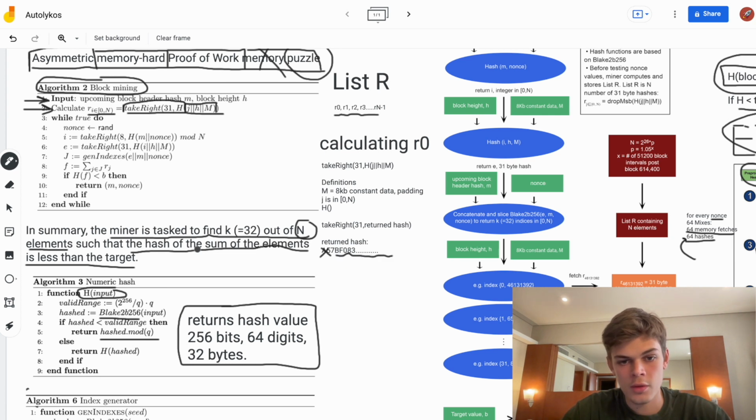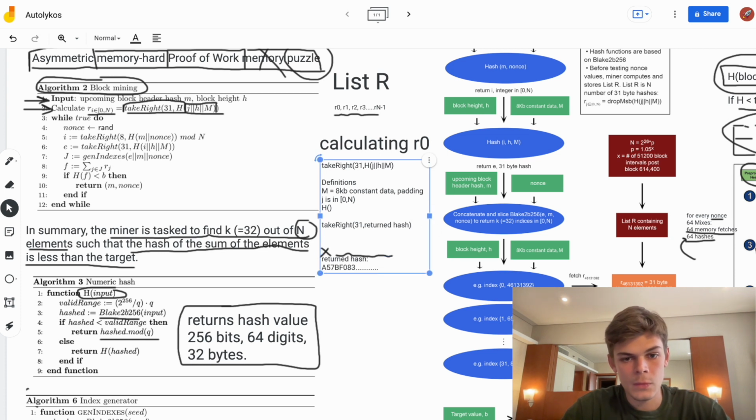So R0, in this case, you could say the returned hash, let's just say the hash function had j equal to 0, because we're doing it for R0. The height is equal to whatever the blockchain height is, and then we have constant data. Let's say that returned hash was this hash.